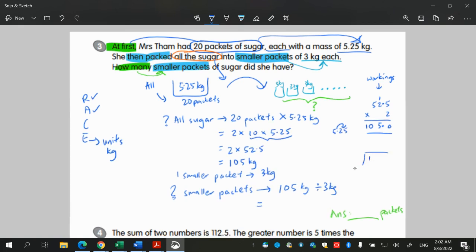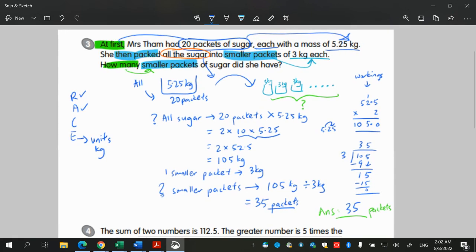So 105 divided by 3. I've got 35. Be careful, the final unit is packets. So I've got 35 smaller packets.